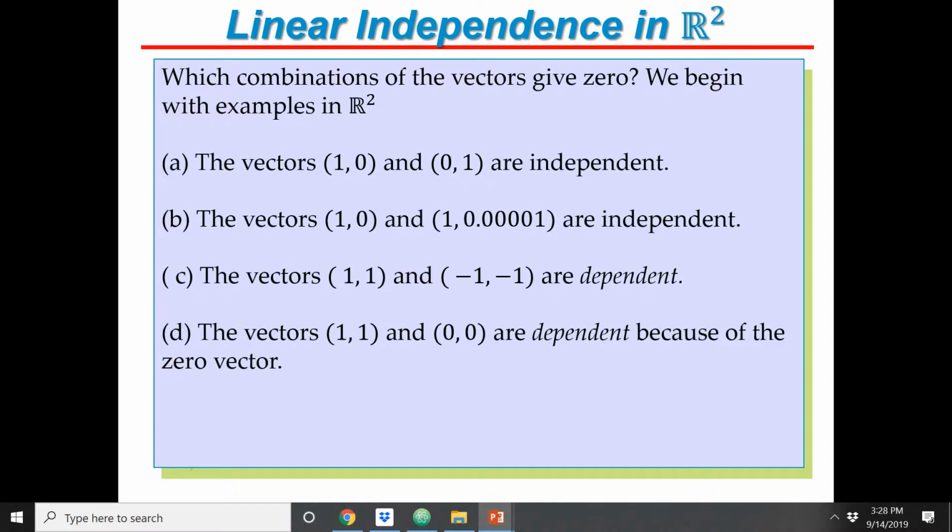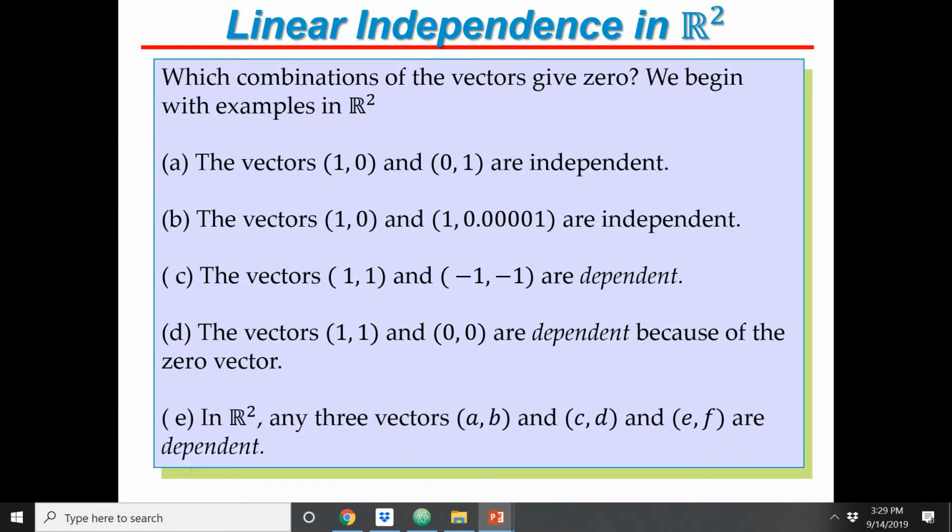You should never have the 0 vector in a set of independent vectors. The 0 vector should not ever be in a basis because it destroys independence of vectors. So in this case, 1, 1 and 0, 0 are dependent. Never allow or claim that a set of vectors that includes the 0 vector is independent. That is not the case.